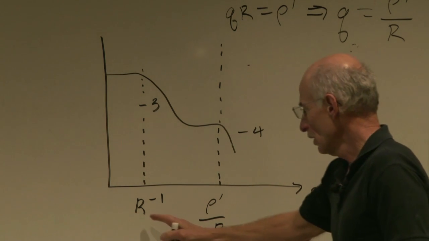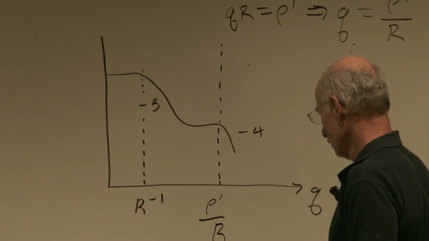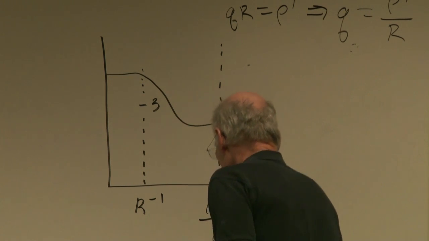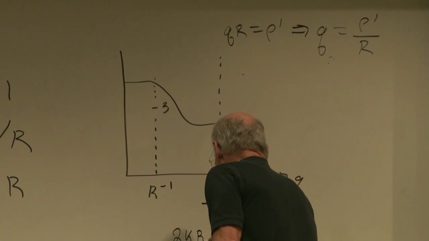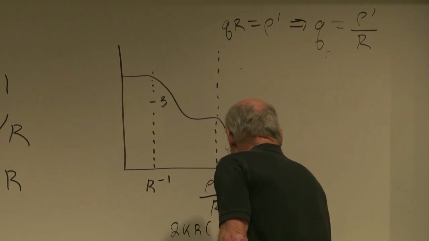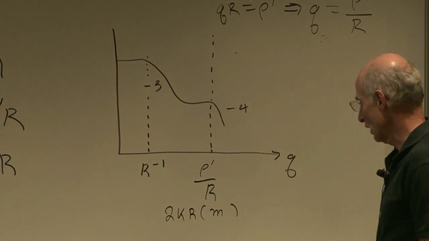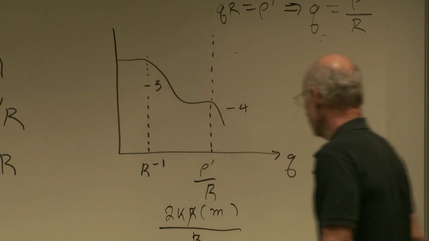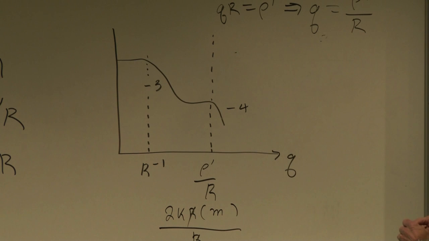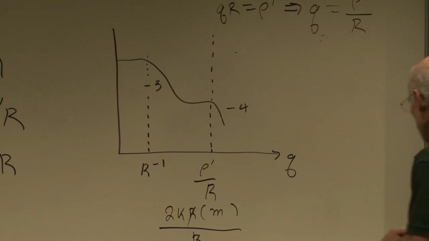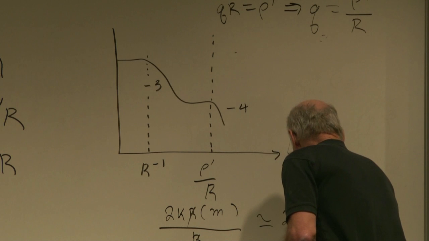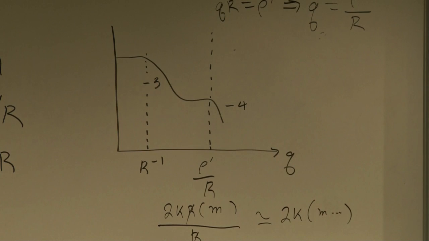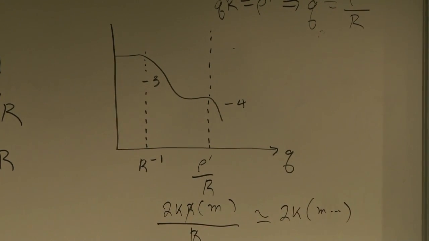So if R gets bigger, the rho prime is 2kr times the index of refraction stuff, over R. The R's cancel, so it stays at the same place.